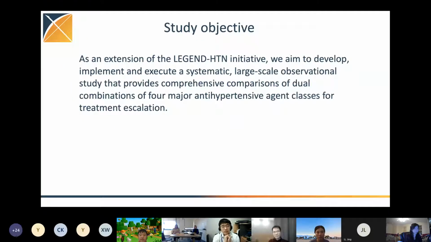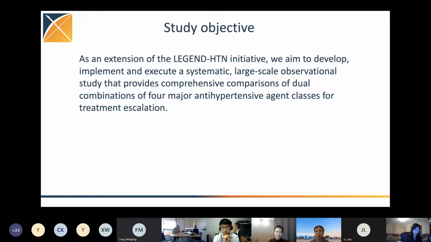So just want to quickly go through this. This is a study as an extension of the Hypertension Legend Initiative. In 2019, the Hypertension Legend study published a landmark paper in Lancet looking at comparative effectiveness of the first-line antihypertensive agents across different databases of the world.